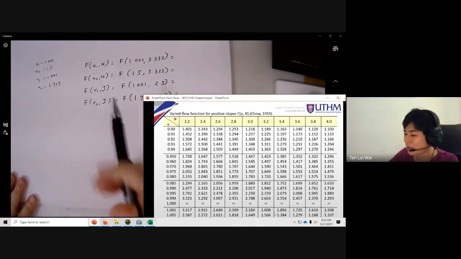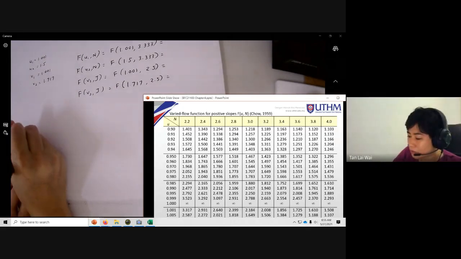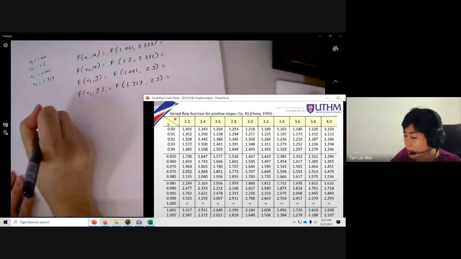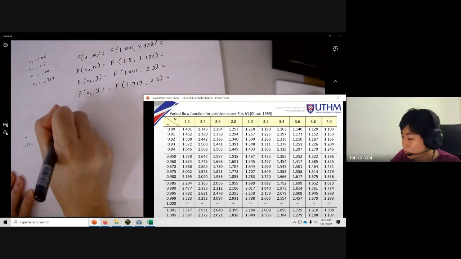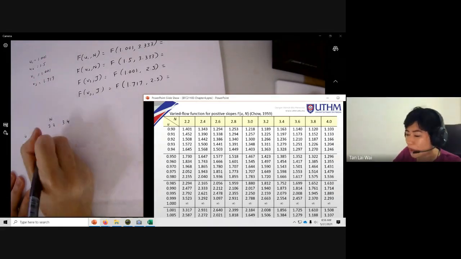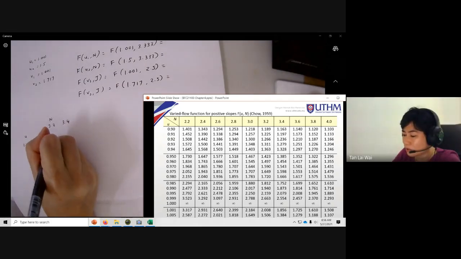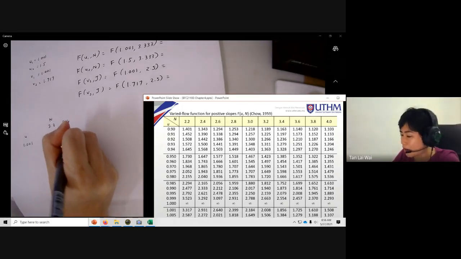What you have here, I'm going to draw out here. U is 1.001. However, for your N equals to 3.2 and 3.4, you have the value of FUN of 2.008 and 1.856.